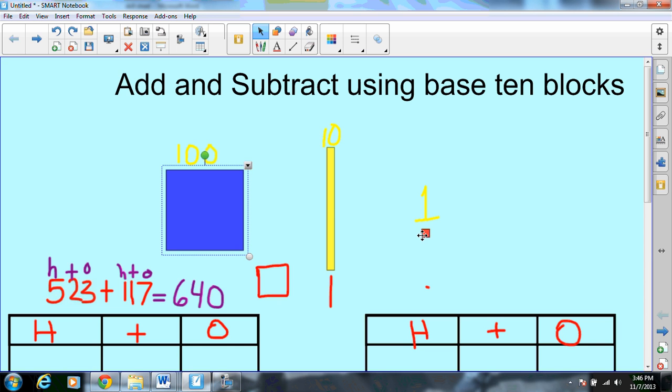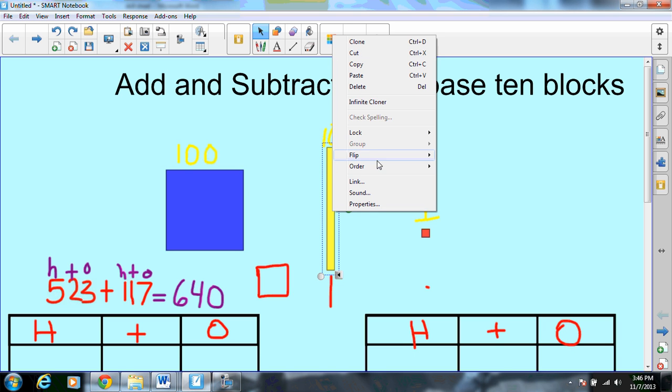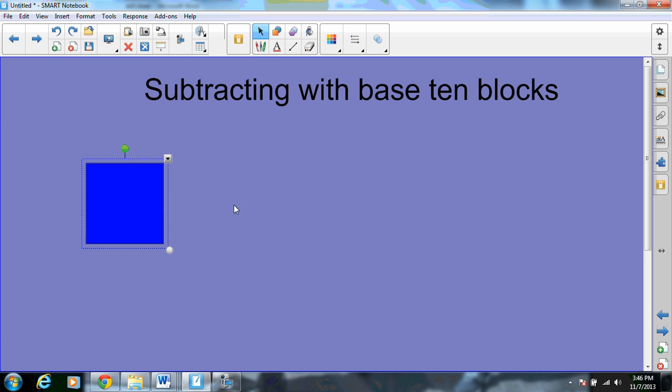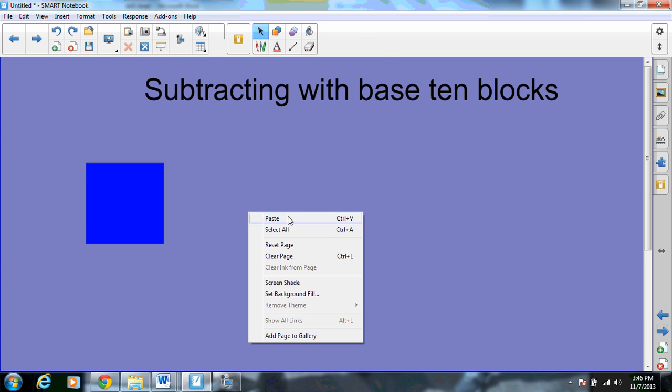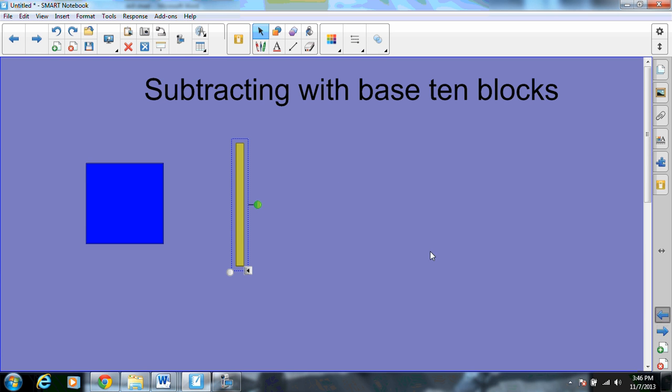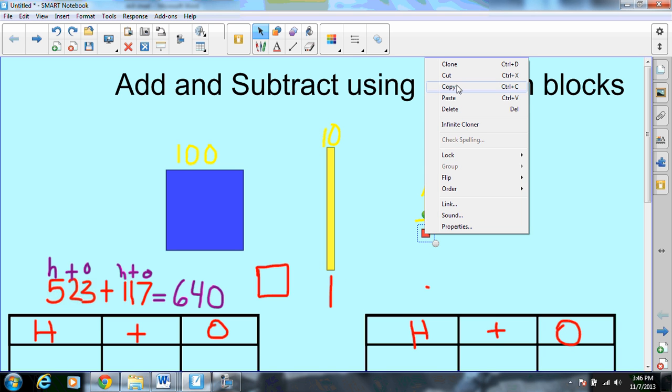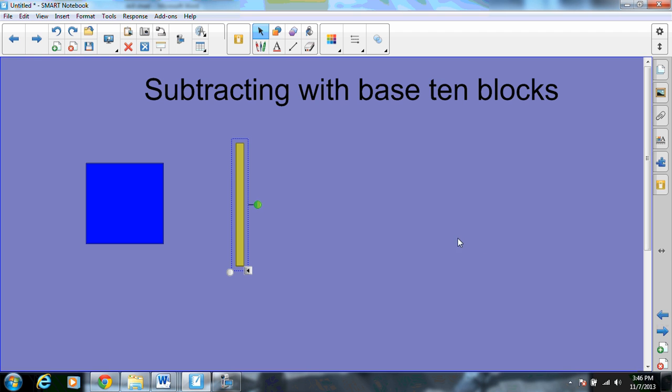And yesterday's lesson said that this was a rod, and it is worth 10. We're going to move it over here. And then going back, this is a unit, and it is worth 1. So we're going to put that here.